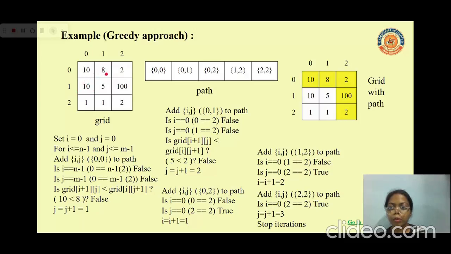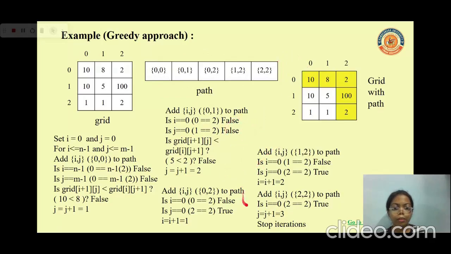Here 8 is smaller, so we will go here and add 0 comma 1, and for 8 we will see 5 and 2. 2 is smaller, we will move to 2, and again we are at the last column, so we will move down, so we will be at 100 and from 100 to 2. So this is the path followed, and this is the path we noted down.